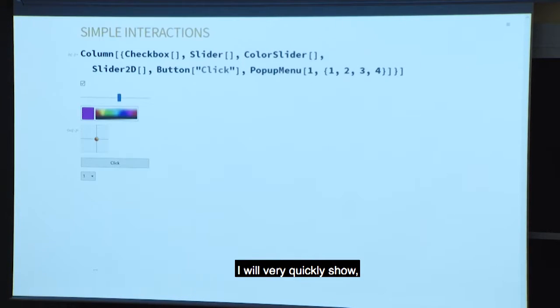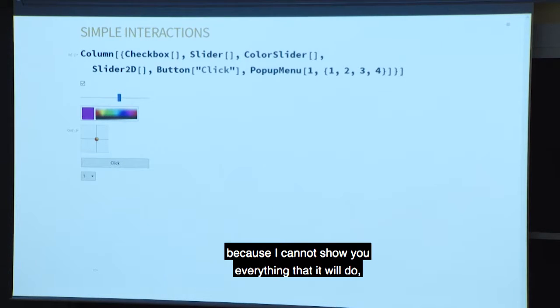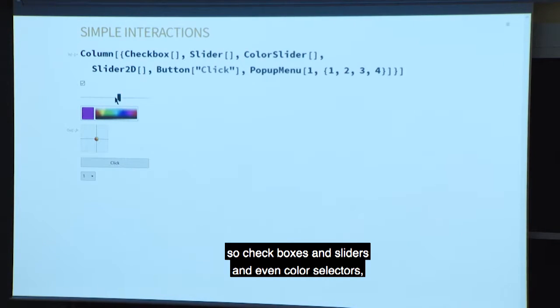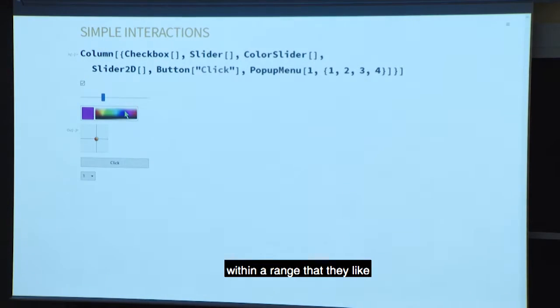I will very quickly show, because I cannot show you everything that it will do, I will do a super fast tour. It can do all of these other funny things, so checkboxes and sliders, and even color selectors, so that you can have the students pick a color within a range that they like, or two-dimensional sliders, or buttons, or pop-up menus. So any type of control object you can embed inside of your widgets.